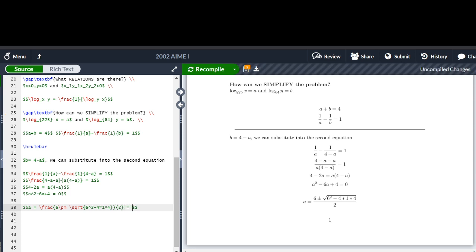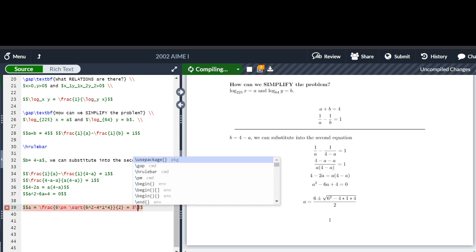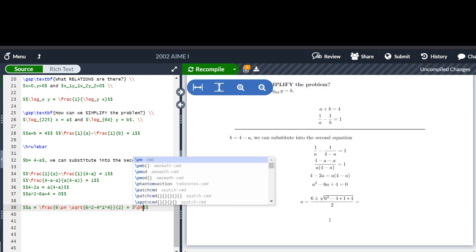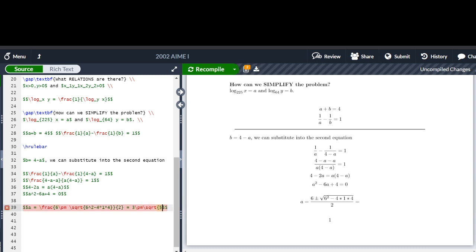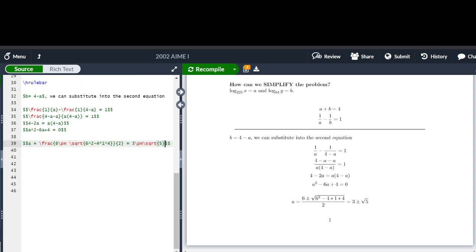And this gives us 20 in the square root, and this means it's 3 plus or minus square root of 5. This is perfect because we have two solutions of a, which correspond to our original problem, which wanted two solutions.